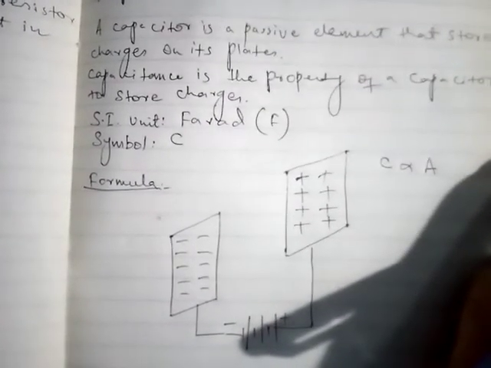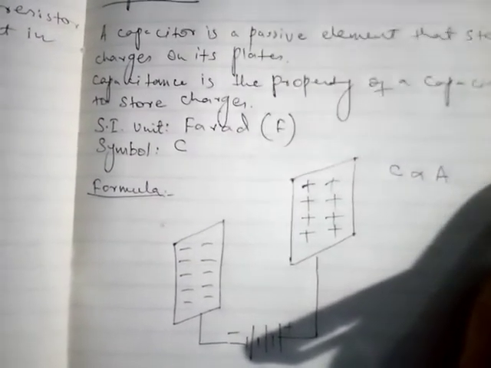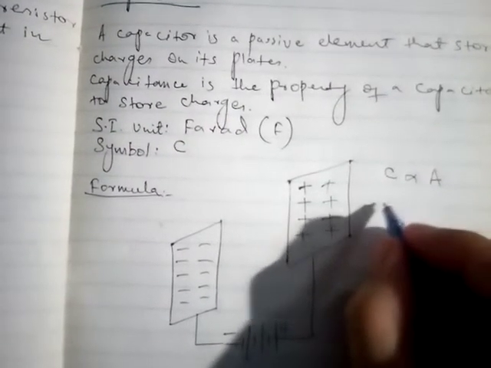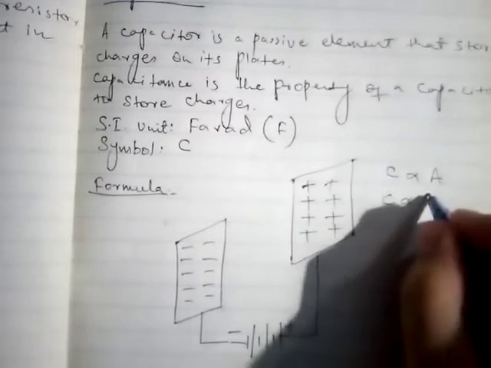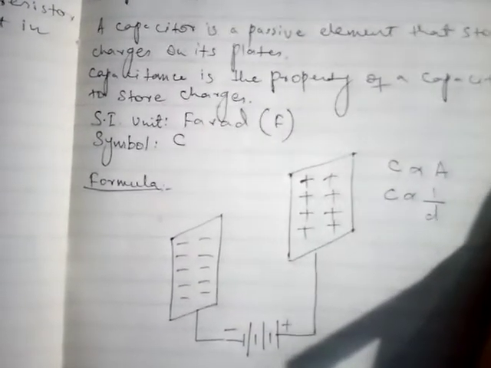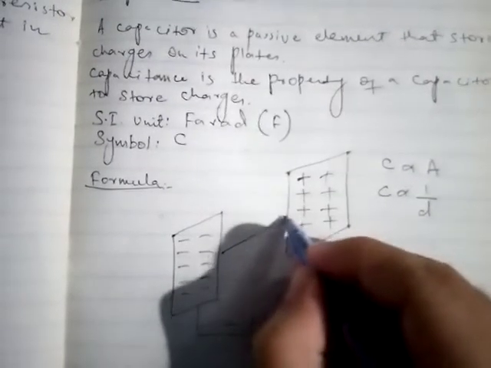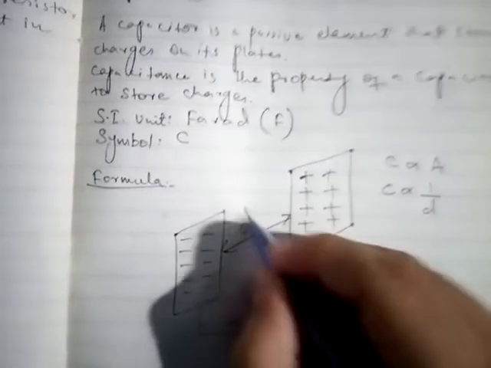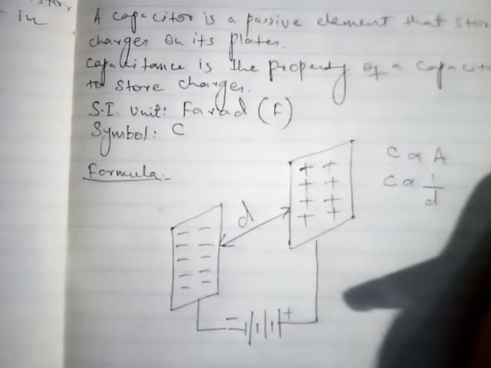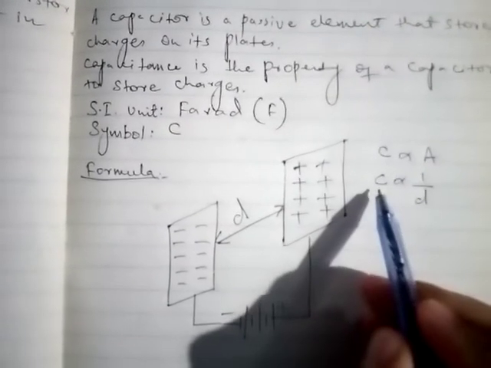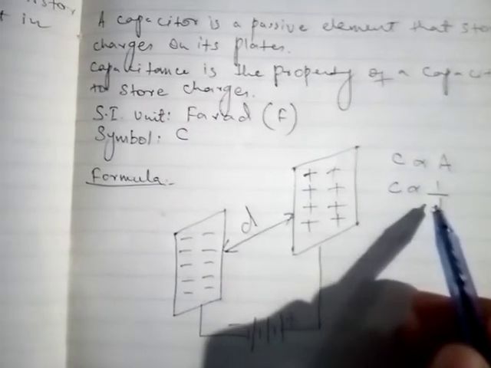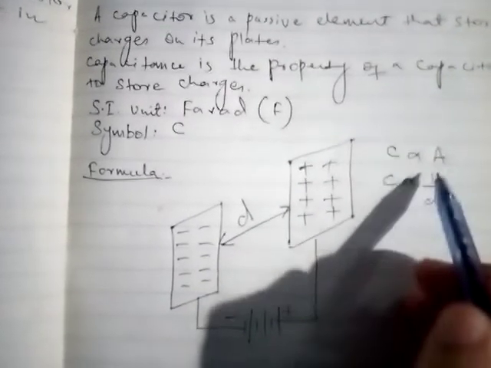Capital A is the area of the plate. Capacitance of the capacitor is inversely proportional to the distance between the two parallel plates. This is the distance between the two parallel plates.